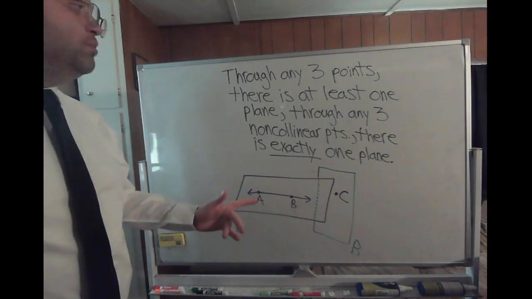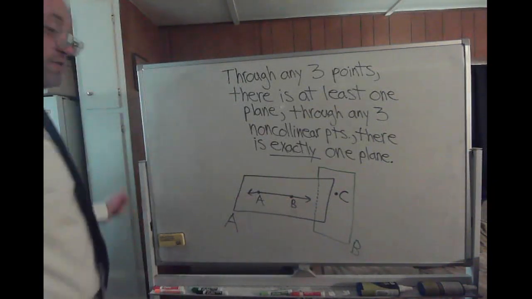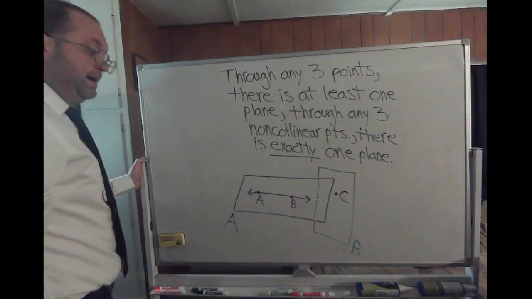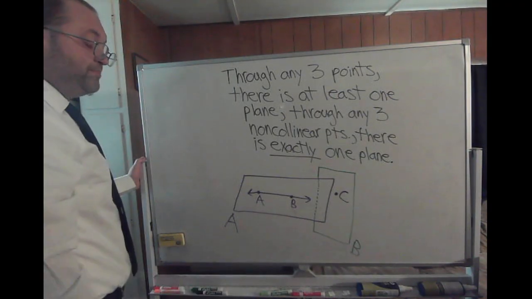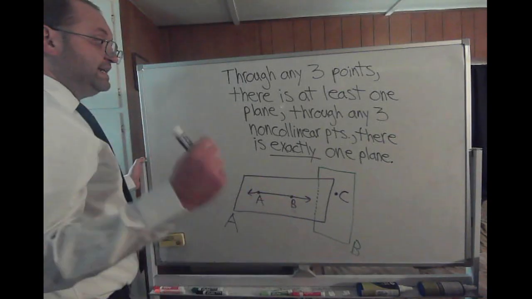That means there could be more. At least, of course, implies there could be more. We have a third point that's not even in plane A. So that demonstrates there could be at least one plane.